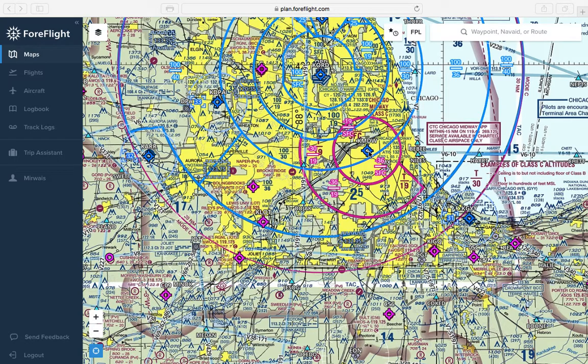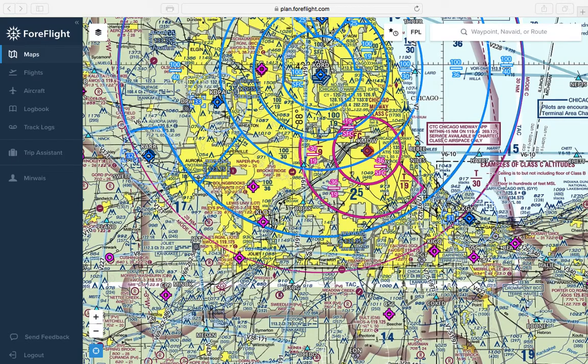Okay, so the radius from the center, you've got 5 nautical miles for Charlie airspace, and the extension, the second layer, goes up to 10 nautical miles from the center.